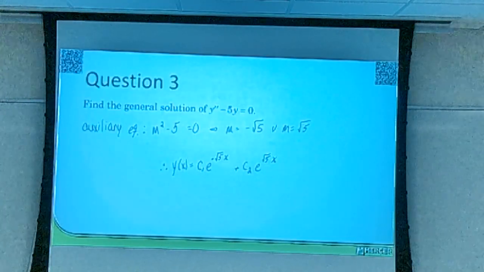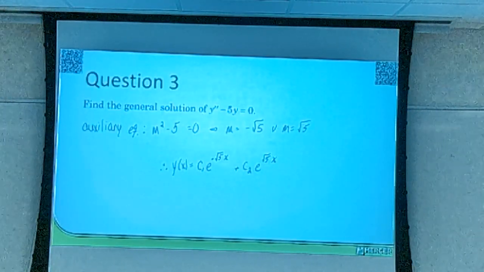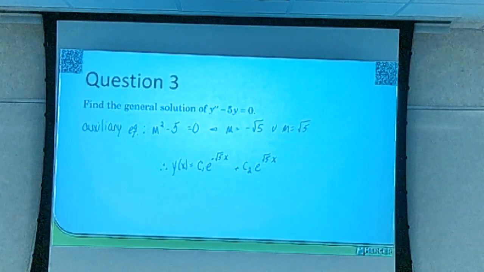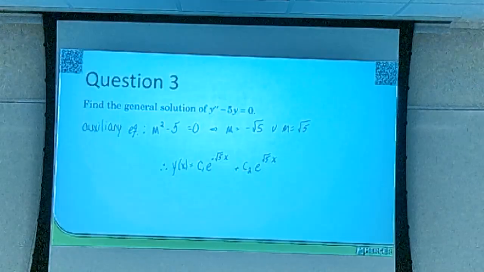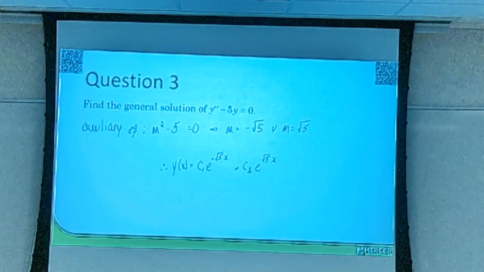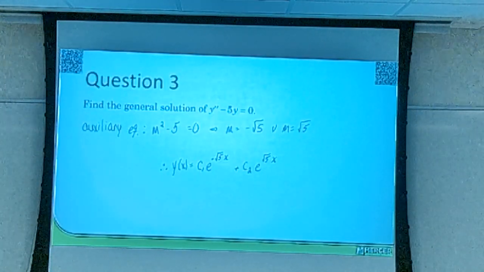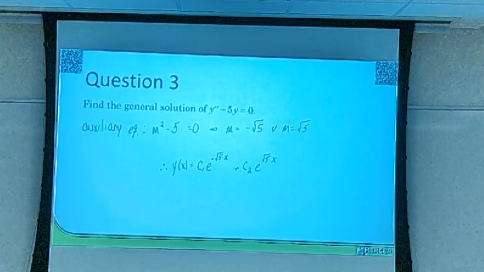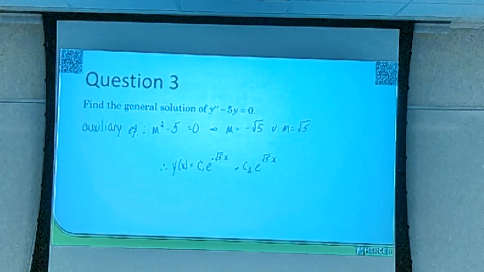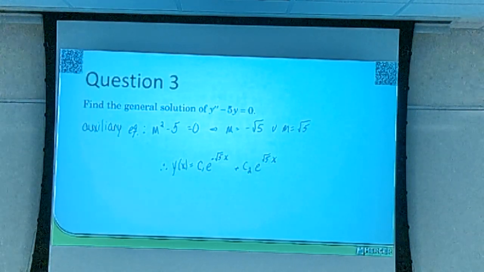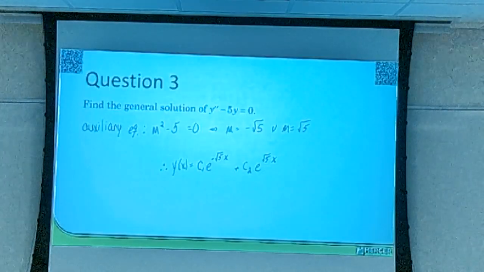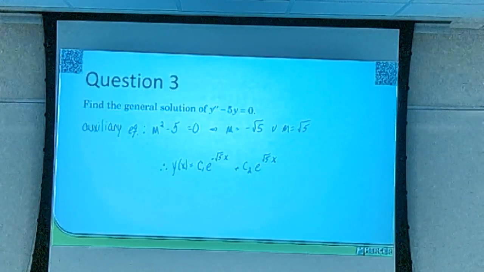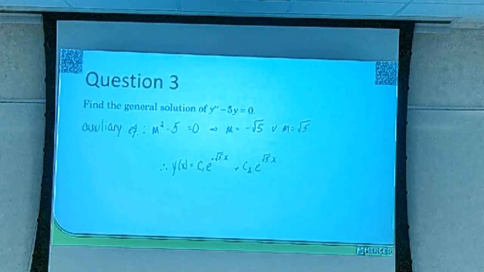That would be your solution. Does it matter if the negative root 5 is on this C2? Order doesn't matter. I typically like to write it in ascending order, but it doesn't matter.